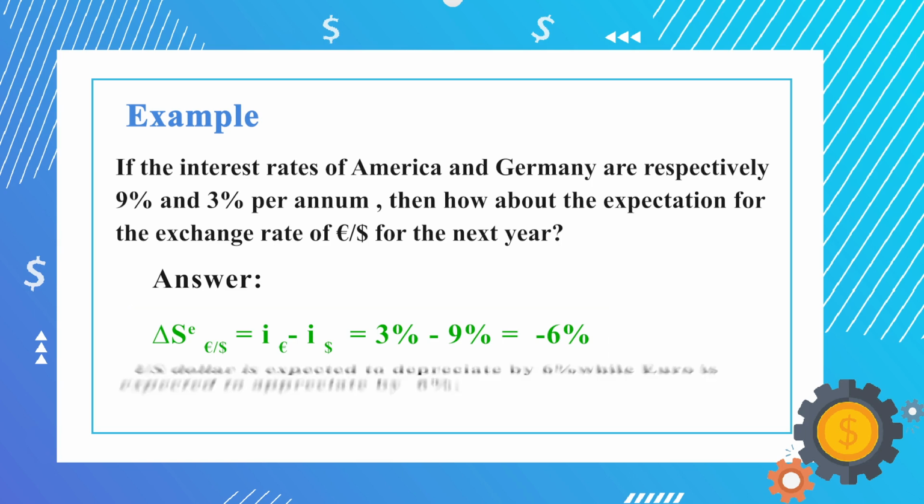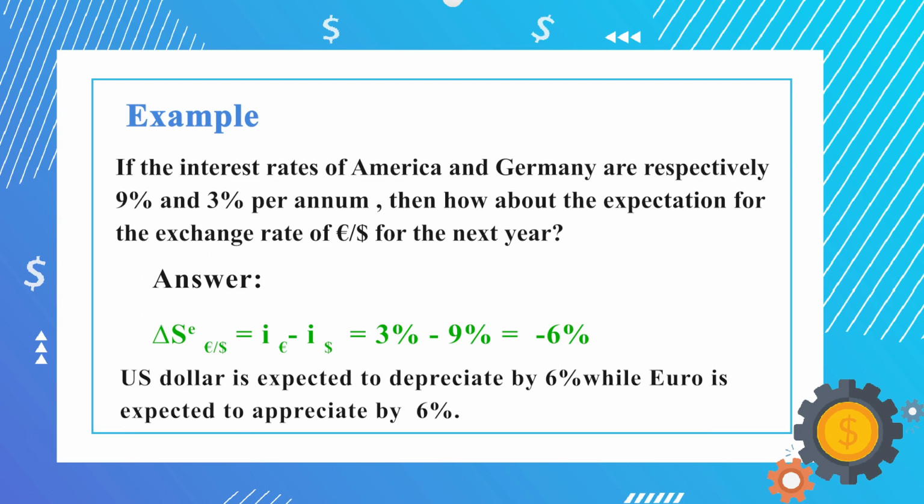The meaning of the answer is as such. US dollar is expected to depreciate by 6%, whereas euro is expected to appreciate by 6%.